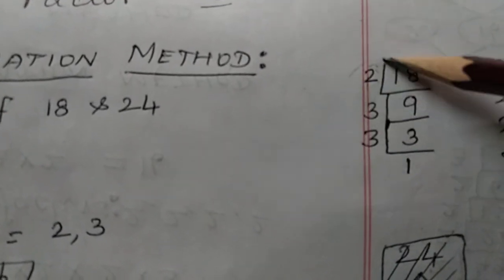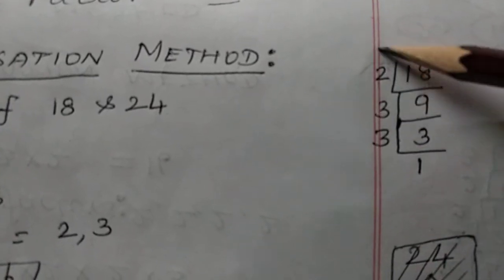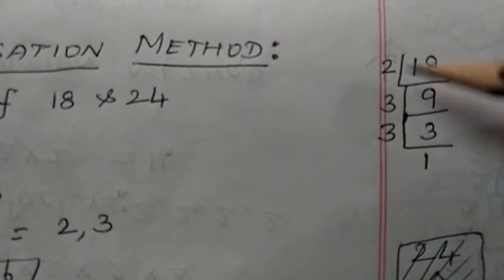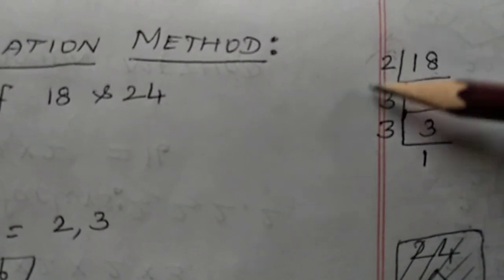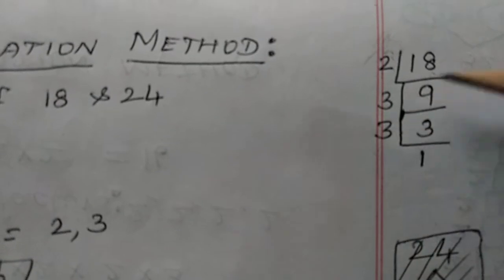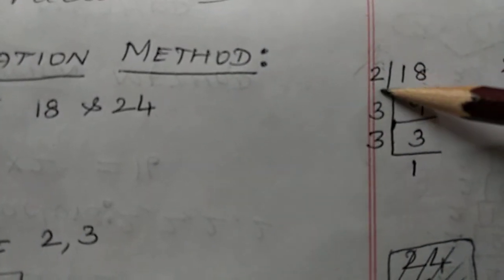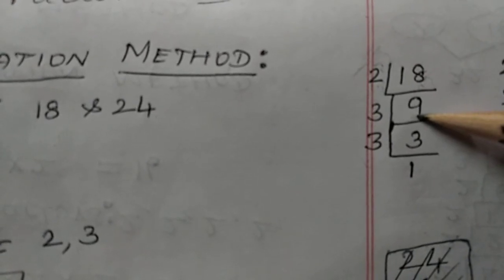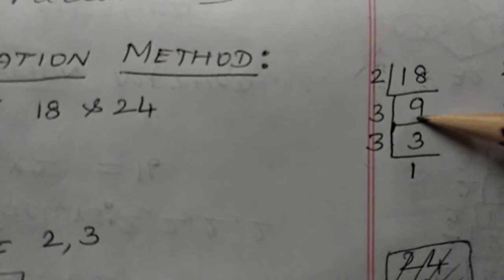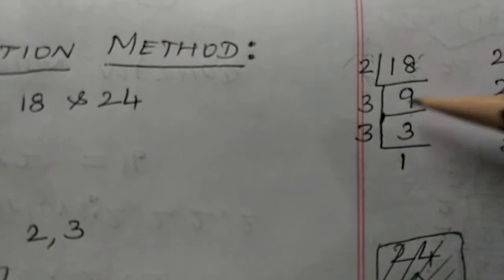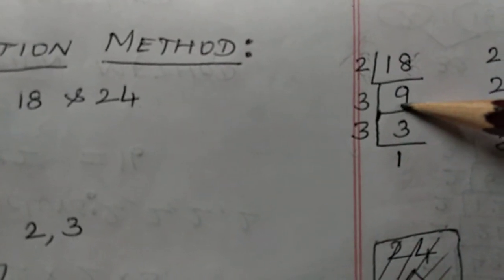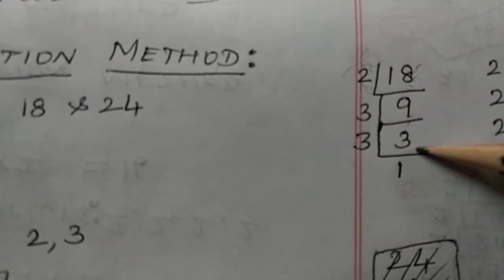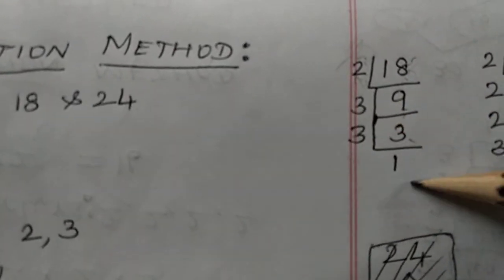The divisors are called factors. If we are dividing by prime numbers, those divisors are called prime divisors or prime factors. So we are choosing 2 here. In the 2 table, we get 18 at 9 times. So 2 into 9 is equal to 18. 9 is a multiple of 3. 9 by 3 is equal to 3. 3 by 3 is equal to 1.